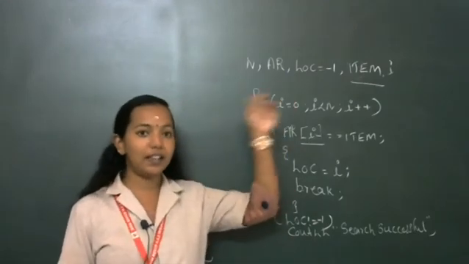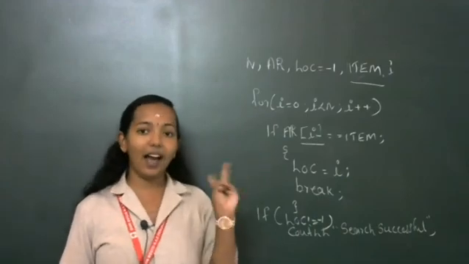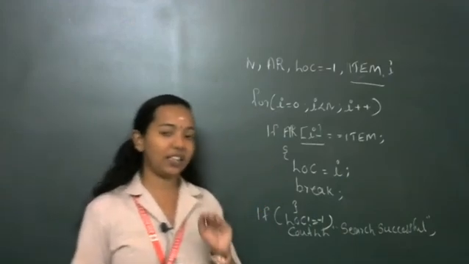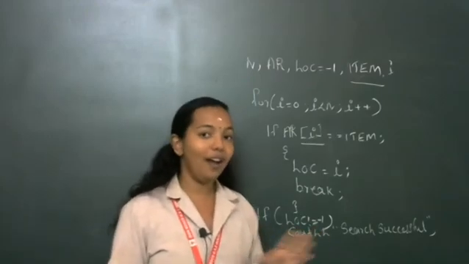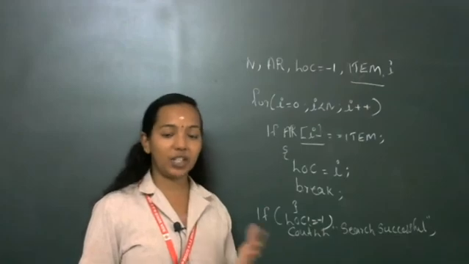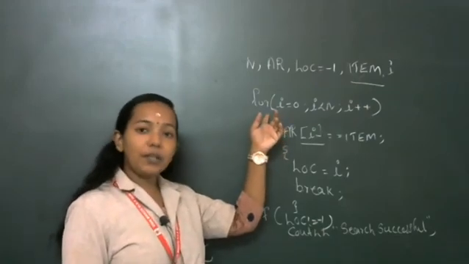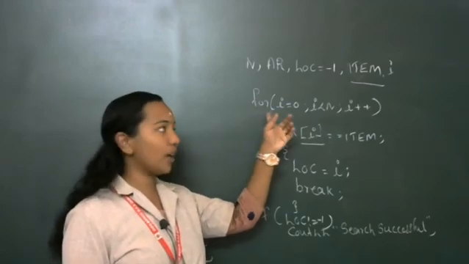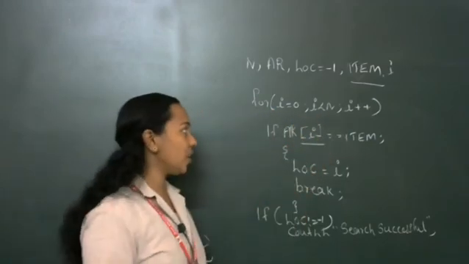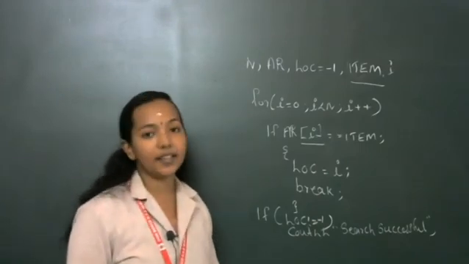So in the linear search program, you declare some variables. First variable is n to represent the size of the array. Then AR, the array name. Then LOC, location, to check whether the search is successful or unsuccessful. Then item, to input the item we are going to search. Then, starting from the first element, we use a for loop: for i equal to 0, i less than n, i plus plus. First we check if AR of i equals item.